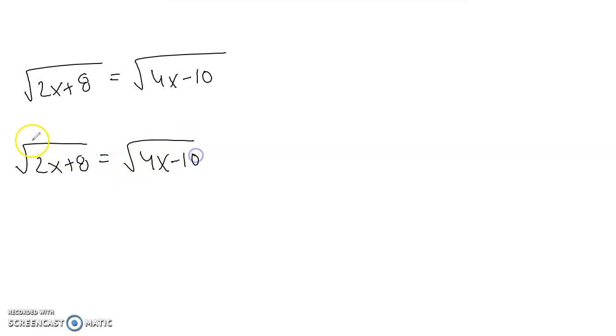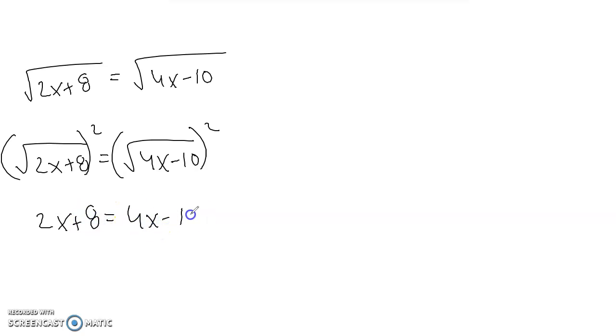They're both on separate sides. So now I'm going to just square both of them, doing inverse operations. And I'm left with the radicand. Now I'm going to continue doing inverse operations and solve for x.